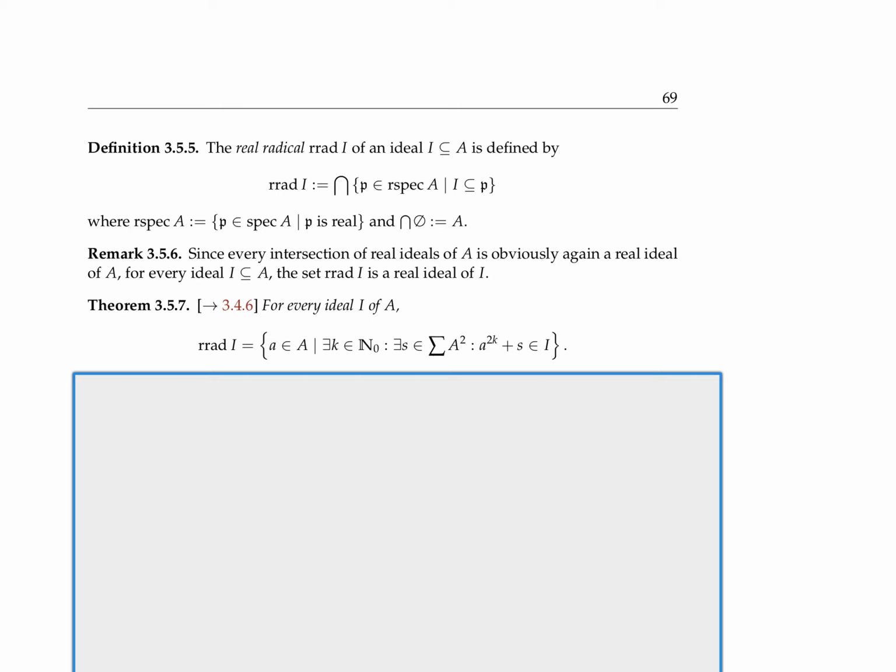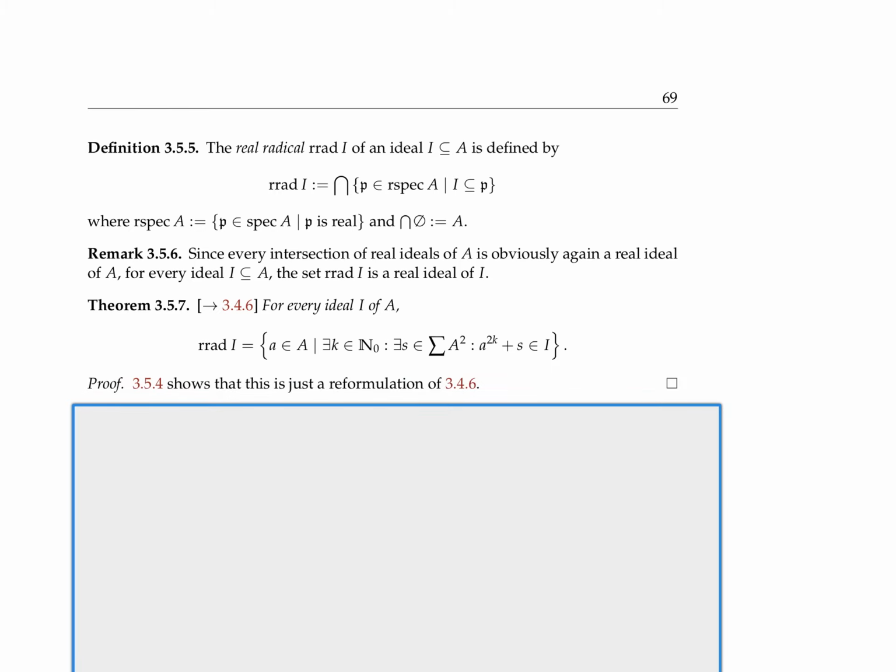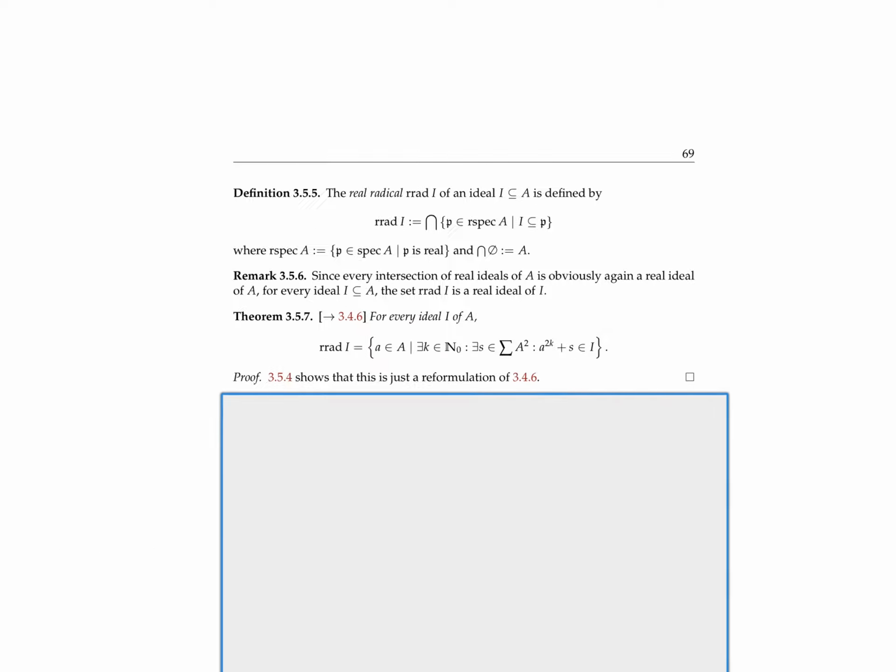And what's new here is that I have this sum of squares again. And now you see already that it has to do with the real Nullstellensatz. It's actually just the abstract real Nullstellensatz, a reformulation of it by 354.